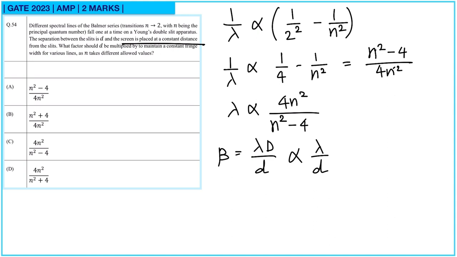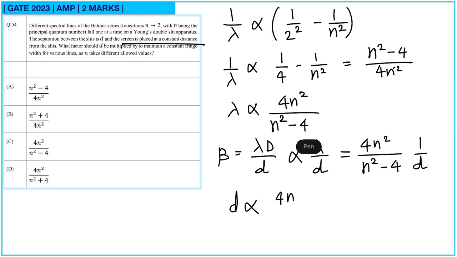So d has to be proportional to 4n square upon n square minus 4. So here option C is correct.